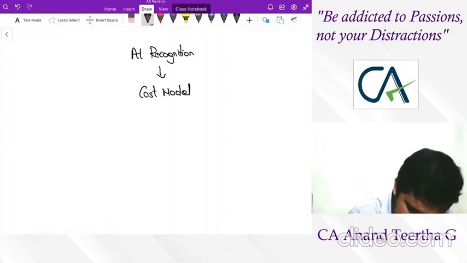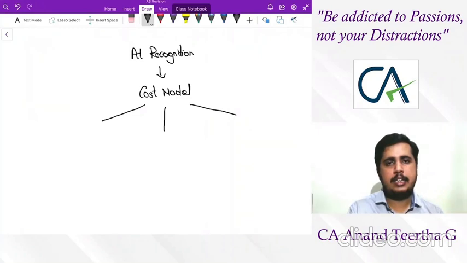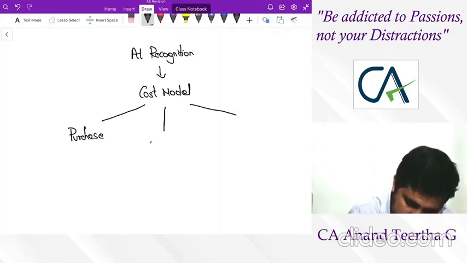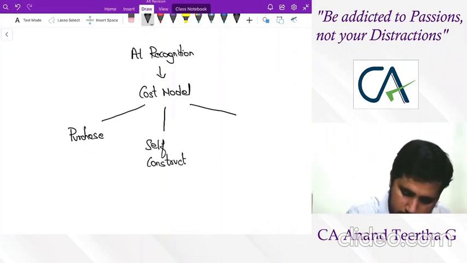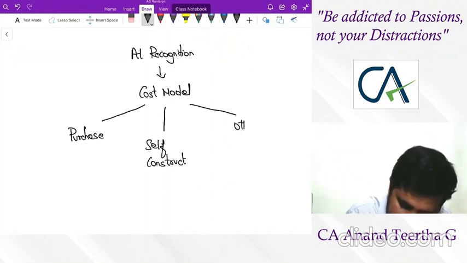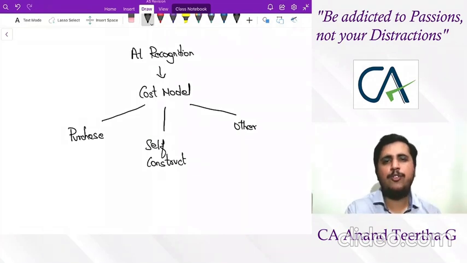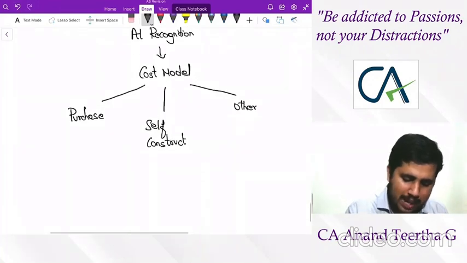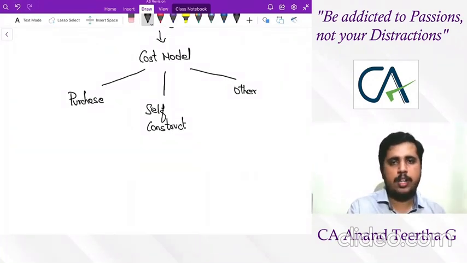Now, at recognition can be considered in three ways. One, either you purchase the asset from the outside market, or you are going to self-construct that asset, or you are going to go for some other arrangement. For example, say you go for barter, transfer of asset with one another, all these things are covered under the last stage. So at recognition, we talk about the cost model in purchase, self-construction and others.